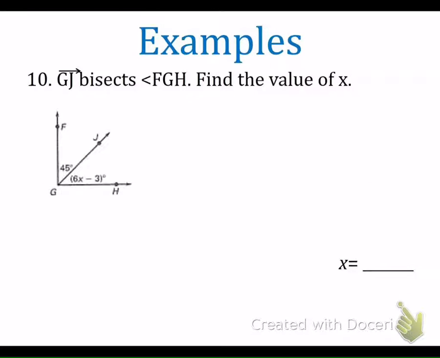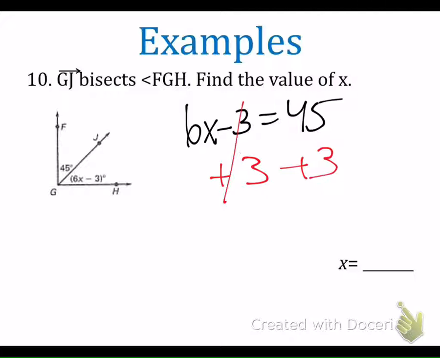Last one of this type, what's the equation? 6x minus 3 equals 45. Good, and if you wanted to do 45 equals 6x minus 3, just because the 45 is on top, that's fine. You'll just have your x on the right side where we'll have our x on the left side. Should get the same thing. What do I do now? Add 3 to both sides. 6x equals 48.